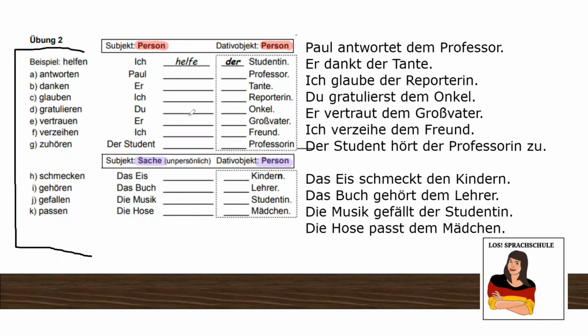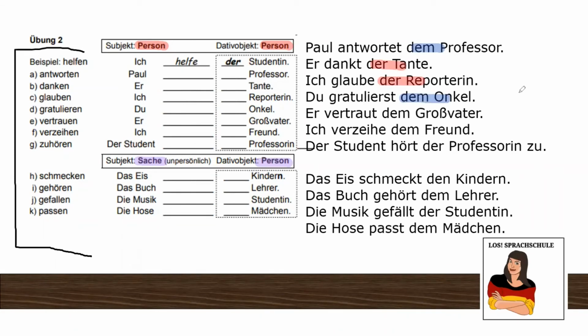Okay, let's read. Paul antwortet dem Professor. Paul answers the professor. Dankt der Tante. He thanks the aunt. Ich glaube der Reporterin. I believe the journalist. Du gratulierst dem Onkel.